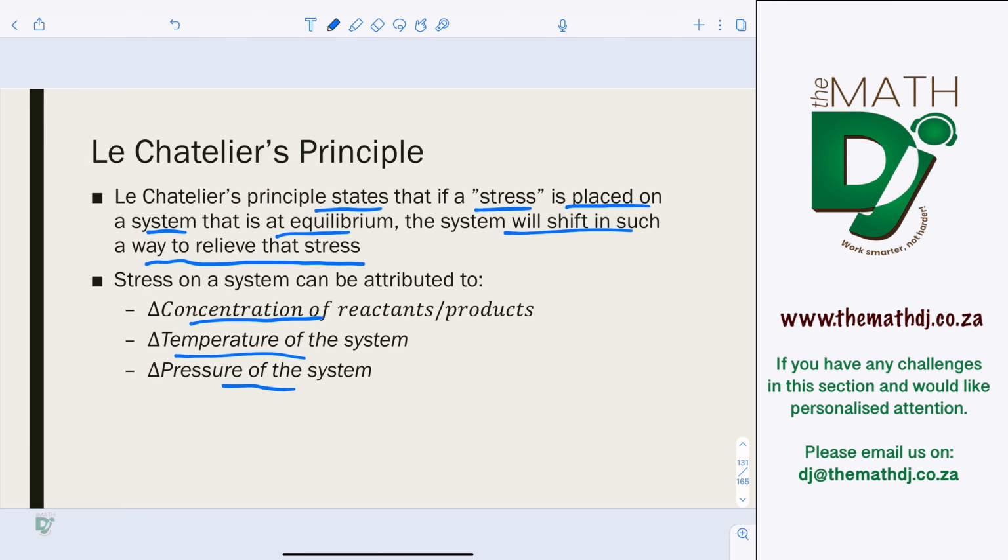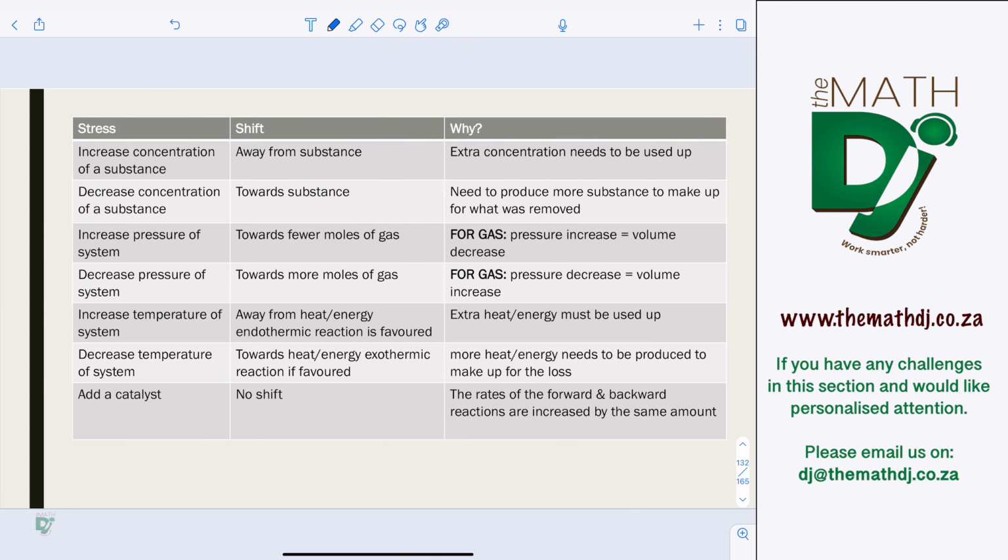To summarize, if the stress is an increase of a substance, the shift will be away from that substance. Why? Because the extra concentration needs to be used up.